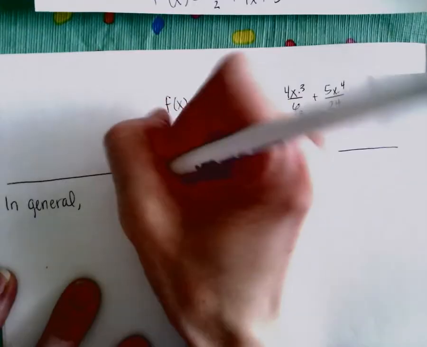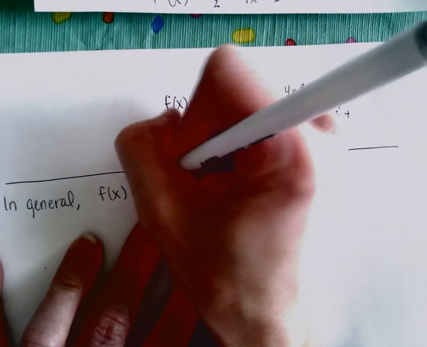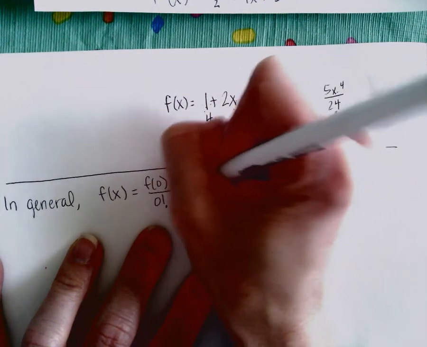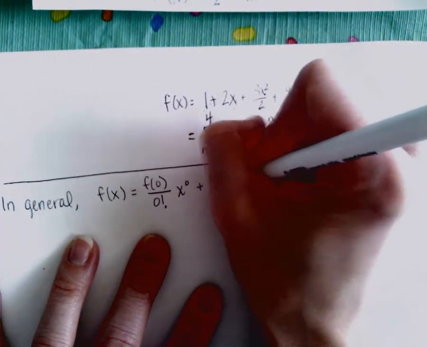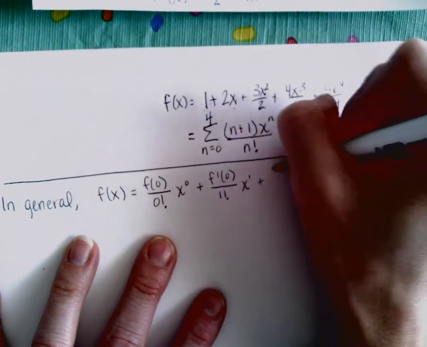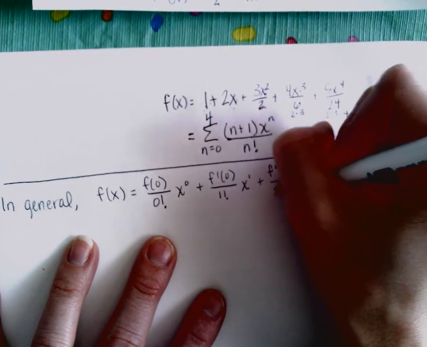f of x will always equal f of 0 over 0 factorial times x to the 0 plus f prime of 0 over 1 factorial times x to the first plus f double prime of 0 over 2 factorial times x squared.